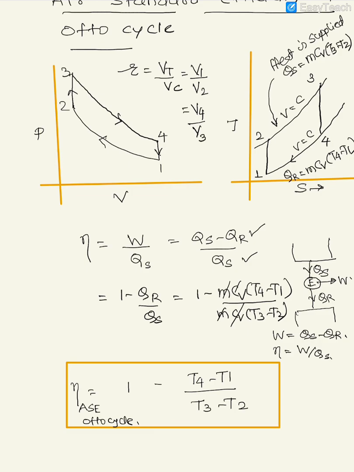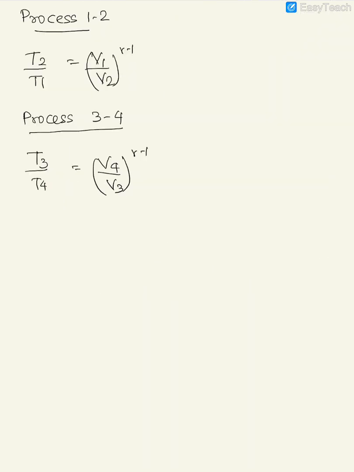I would express T3 as a function of compression ratio, and T2 as a function of compression ratio, and then finally I would get the expression in terms of compression ratio. How will I do that? For that, I consider the process 1 to 2. For 1 to 2, T2 by T1 is equal to (V1 by V2) raised to gamma minus 1. But what is V1 by V2?